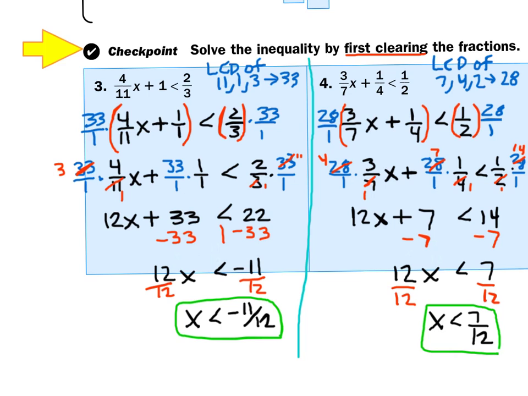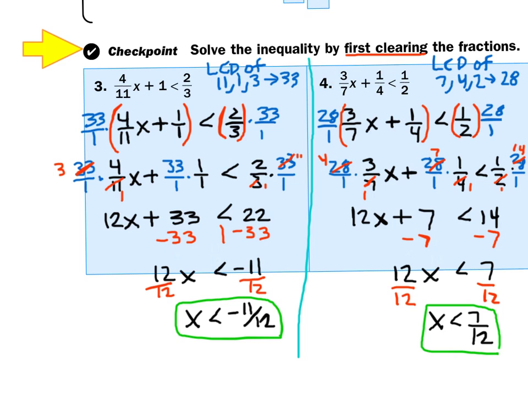Then bring down the is less than, and then start at the denominator. 3 goes into 33 11 times. 11 times 2 is 22. So now let's get rid of the adding 33. We're going to subtract 33 on both sides of the inequality. That gives us 12x is less than negative 11. And then let's get rid of the 12, divide both sides by a positive 12, so x is less than negative 11 twelfths.